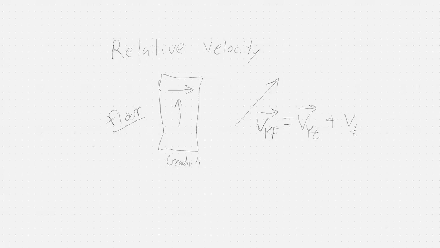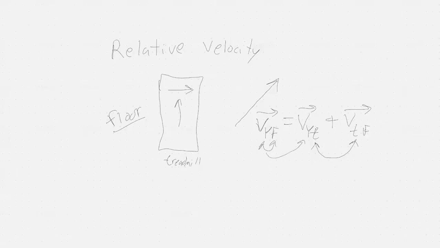What you do is you take the intermediate reference, which is the treadmill, and you kind of make a sandwich, meaning what you want to know is u relative to floor. So you take the first reference, u, and line it up with your intermediate reference. So you know u relative to the treadmill.